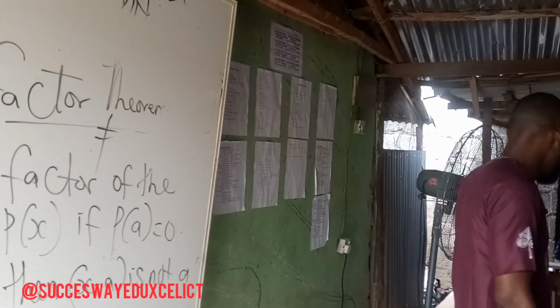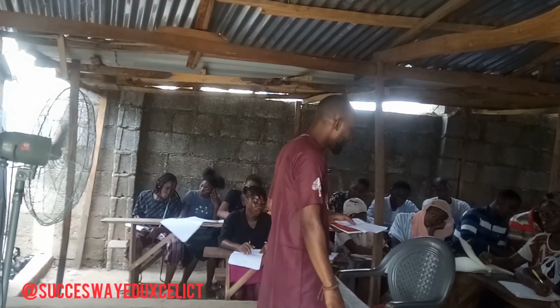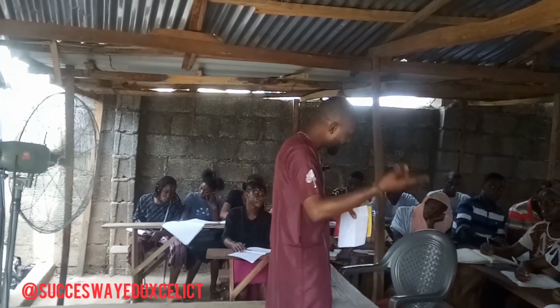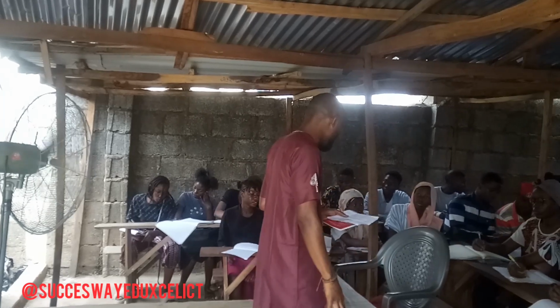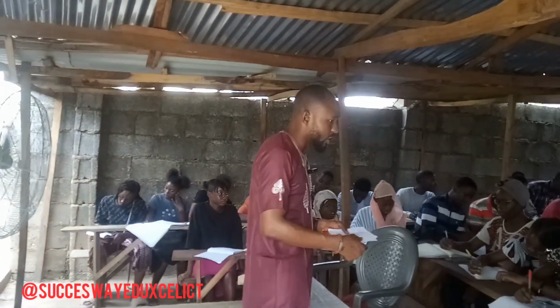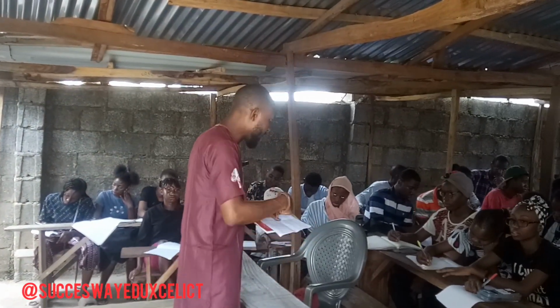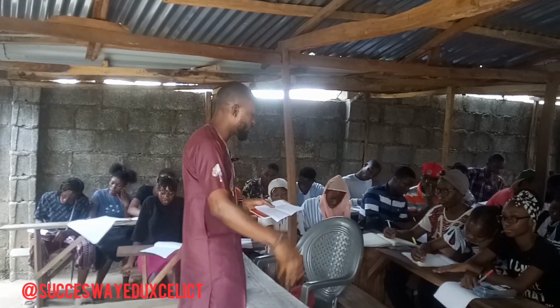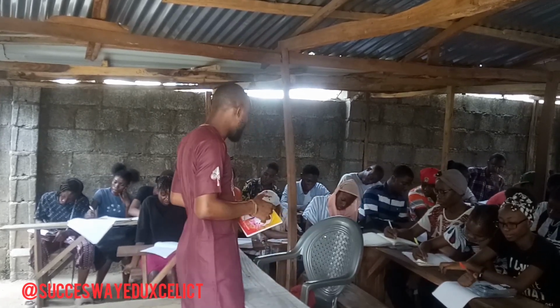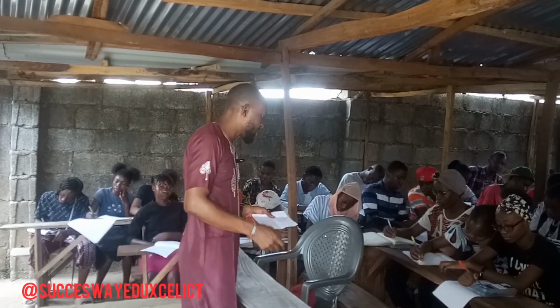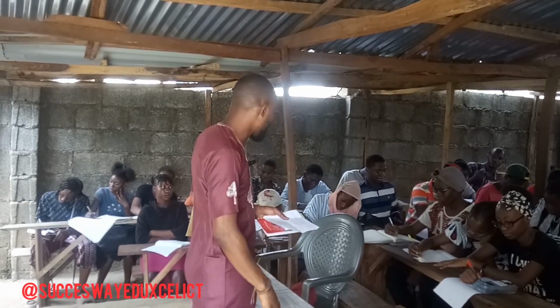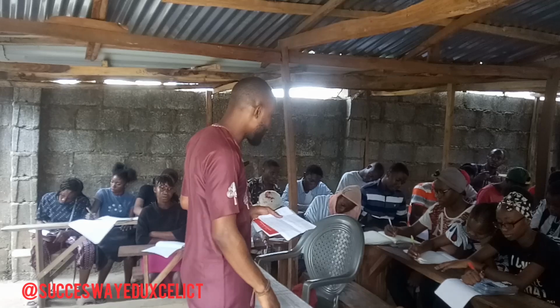Which of the following are factors of, they give us this polynomial P of x, close the bracket, is equal to x cubed minus 6x squared plus 11x minus 6.